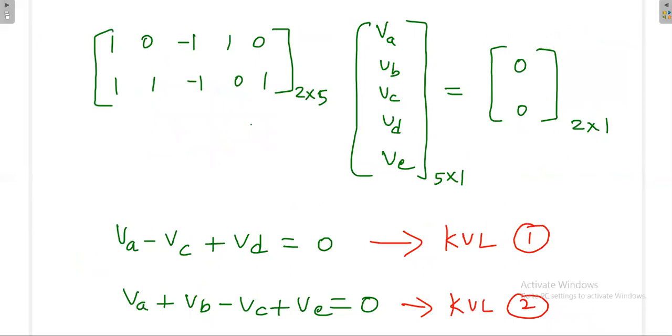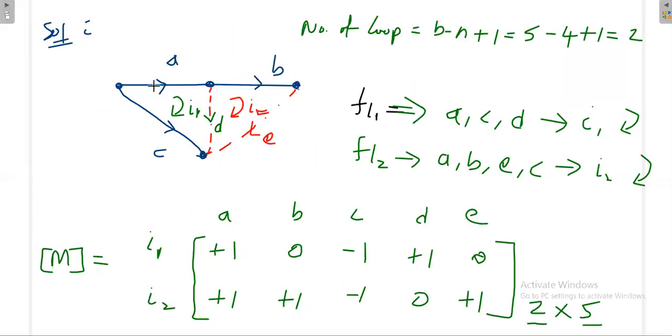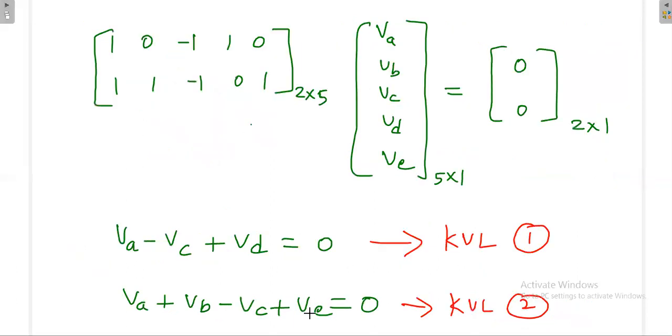If you concentrate on the outer loop, it is VA, VB plus VE, but for VC alone, minus VC will be there. So this simply gives you the KVL in loop 1 and loop 2. With the tie-set matrix, you can also write Kirchhoff's voltage law for the loops.